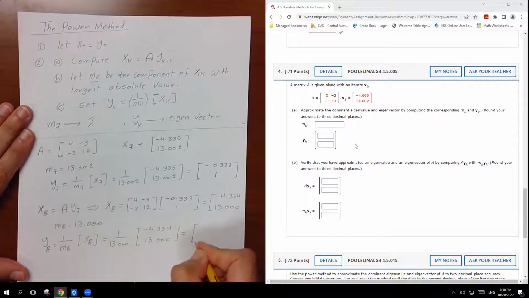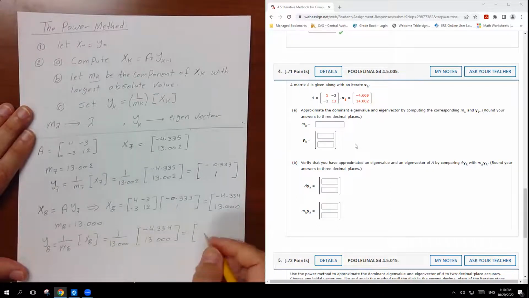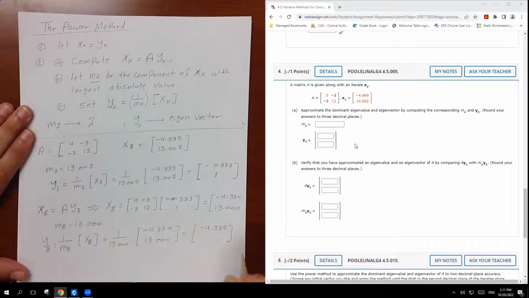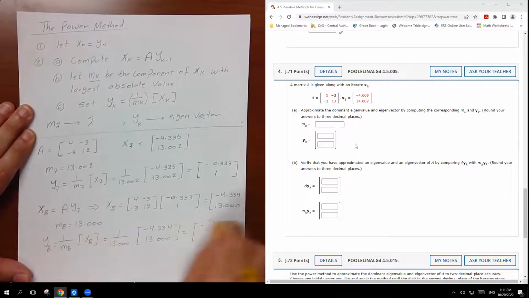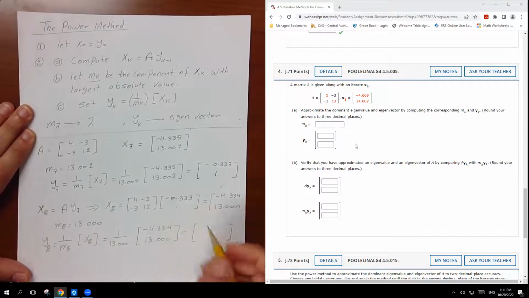So Y8 is going to be negative 4.335 over 13, which is negative 0.333, and 1 over 13 times 13 is going to be 1.